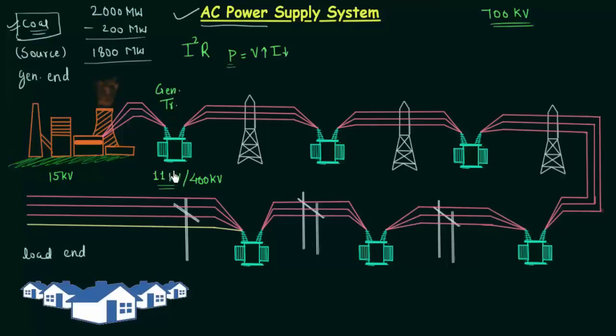The generator transformer is the same as other power transformers, but the operation is different. In the case of a generator transformer it will always work as step-up, but power transformers can work as step-up or step-down. So there is a transformer known as the generator transformer or generating transformer associated with the generator every time to step up the voltage.